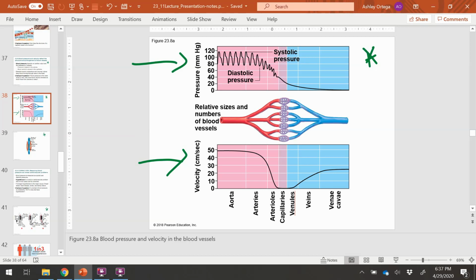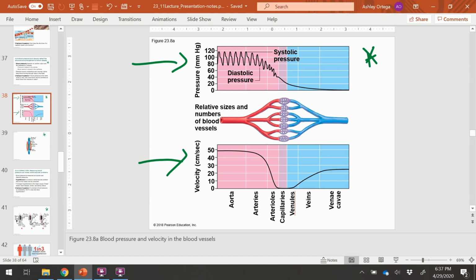The pressure there is very, very high compared to other stages. In terms of pressure, we have the relaxation phase, the diastolic pressure, and then the systolic pressure, which is the contraction phase. It alternates, like the heart alternates, so there's alternating pressure going back and forth with every heartbeat.